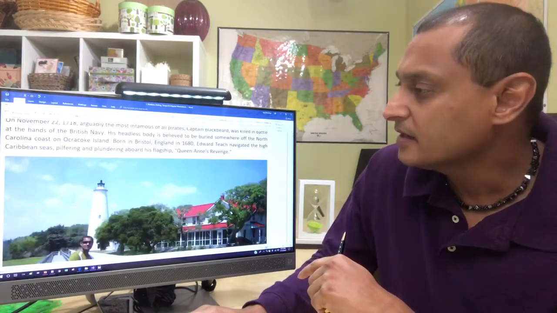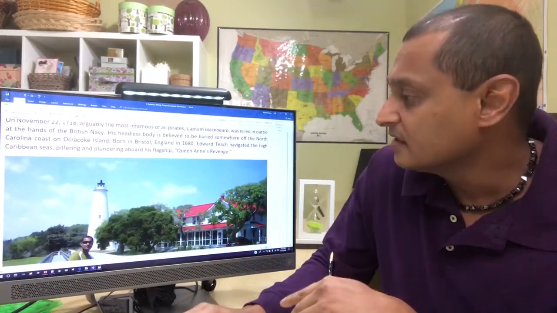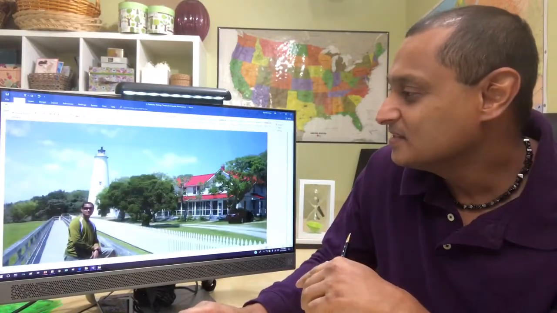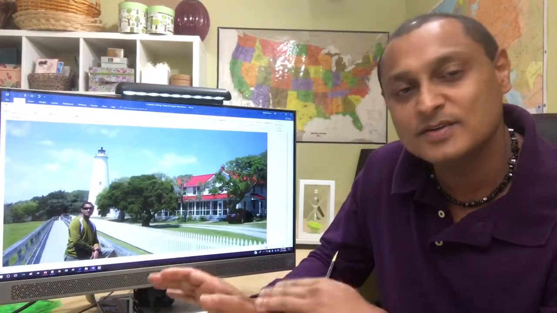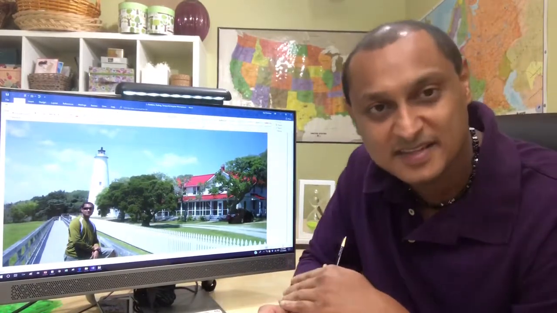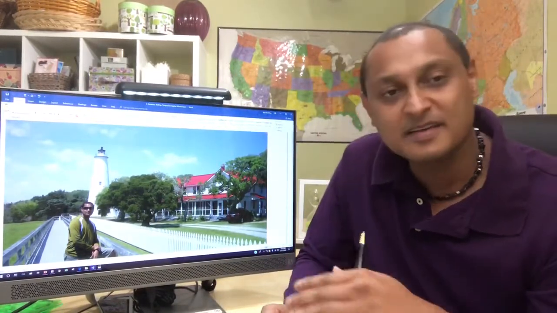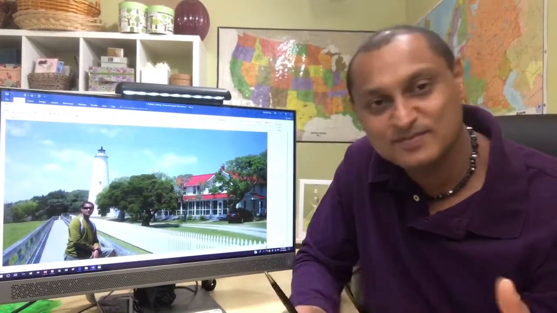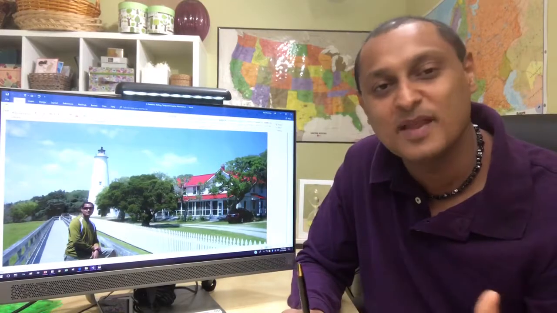So moving along with the concept of rotation, as we move from Croatia back stateside to Ocracoke Island off the coast of North Carolina. This is believed to be the final resting place of the most infamous pirate of them all, Edward Teach. The reader might know him as Captain Blackbeard.